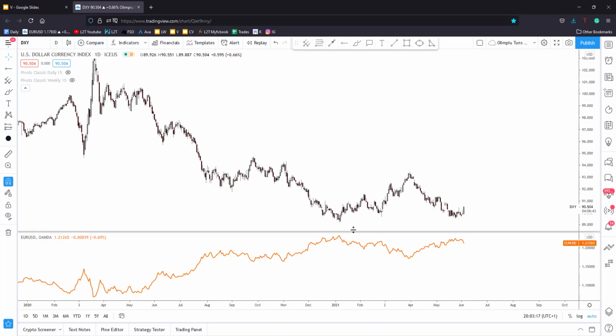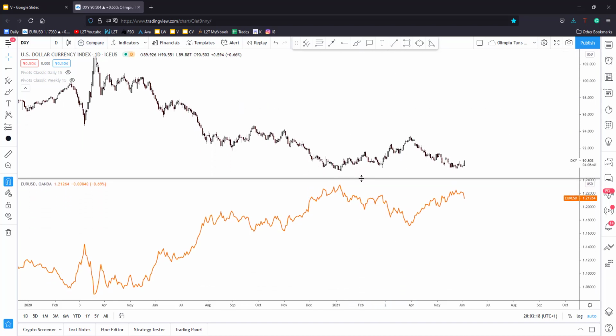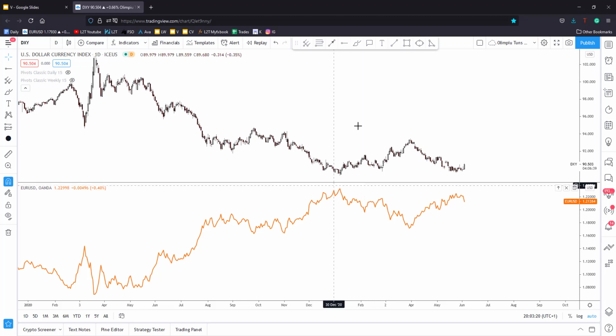Let's take a look here, and now we'll have two charts, two windows, and you can see here as well the DXY drops, the euro versus the US dollar increases. The US dollar index right now increases live. Today we had an important growth registered by the US dollar index, and you can see that the euro versus the US dollar drops right now.